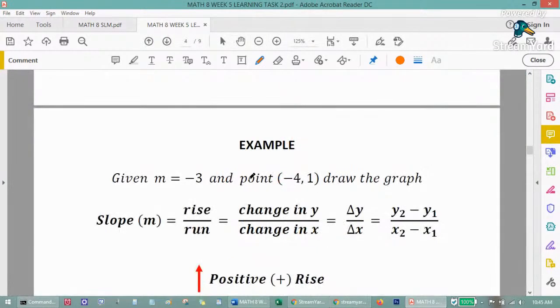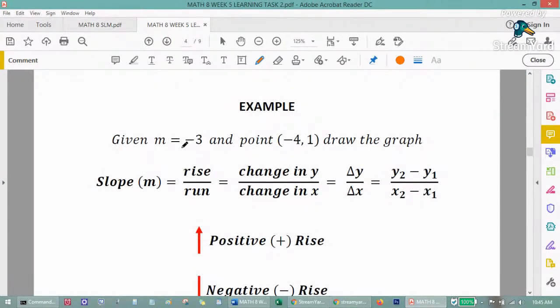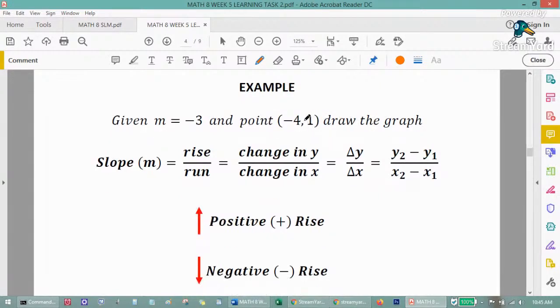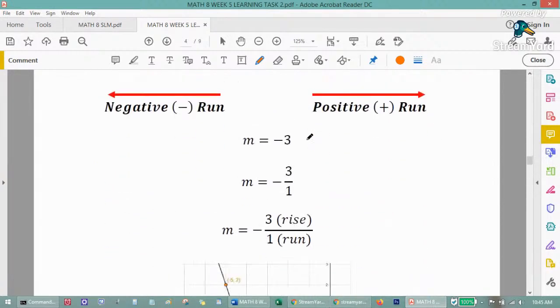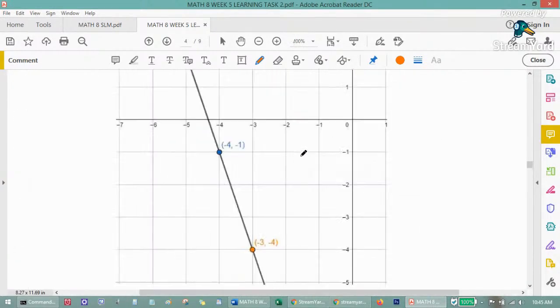Okay? So, tignan naman natin dito yung example na isa pa. Ang slope naman dito is negative 3. And then yung point is negative 4 and positive 1. So, unang hanapin muna natin nasaan tong negative 4 and positive 1. So, x is negative 4. Yung 0 ng x, yung naka-horizontal.